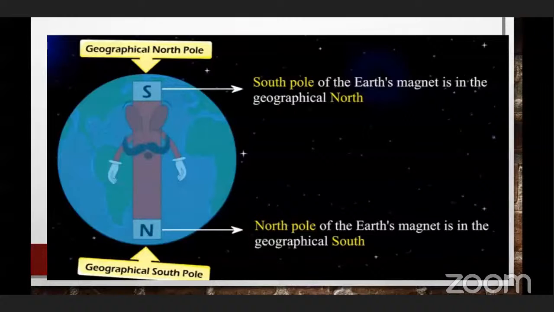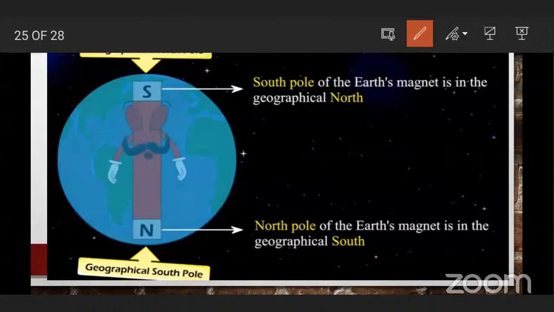The south pole of this magnet must be near the geographic north pole of Earth, while the magnetic north pole is near the geographic south pole. Here is the geographic north pole, here is the geographic south pole, and this is the south pole of Earth's magnet.